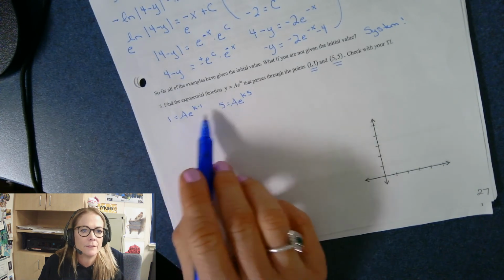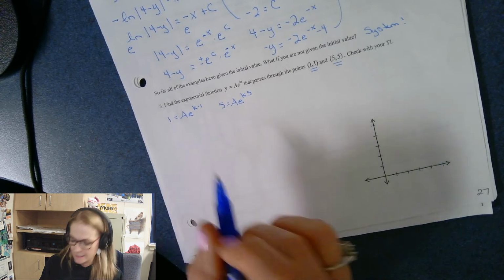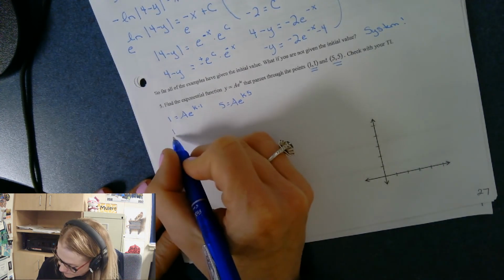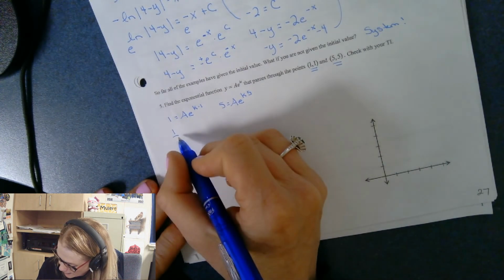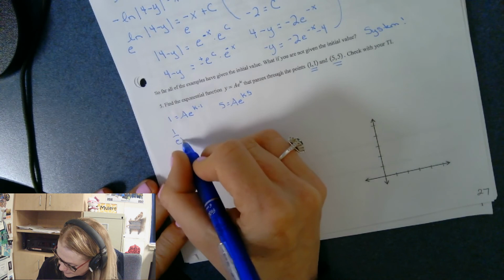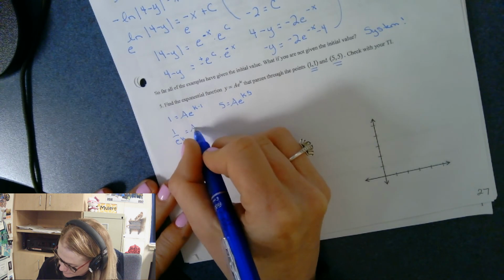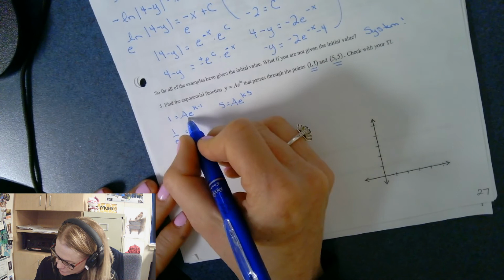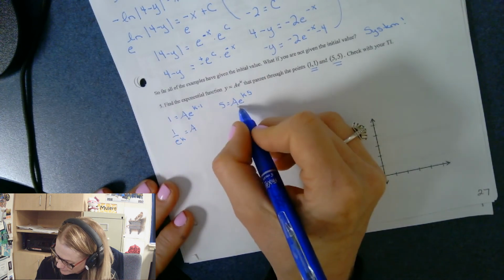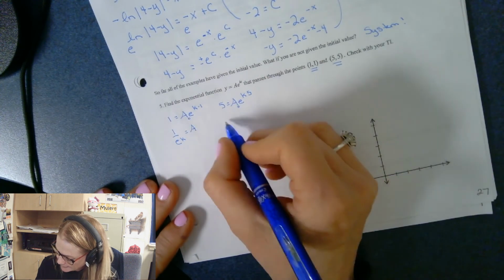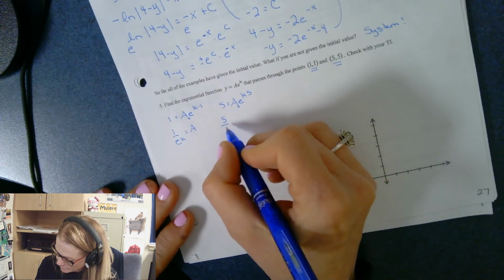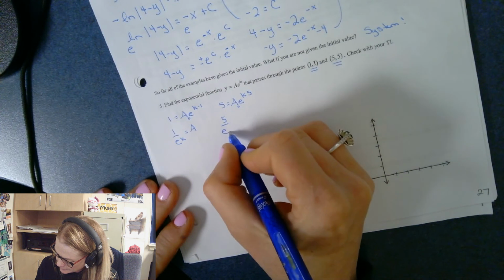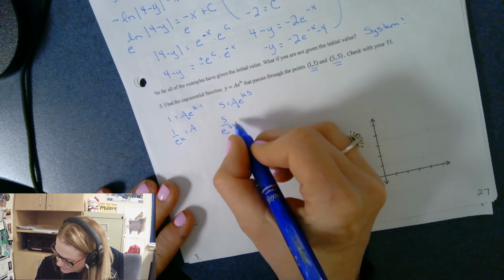I'm going to use a substitution here. So obviously a is going to be the one we want to solve for. So 1 over e to the k is equal to a. Remember this is that initial amount, so it's the same a. And so this one, 5 over e to the 5k equals a.